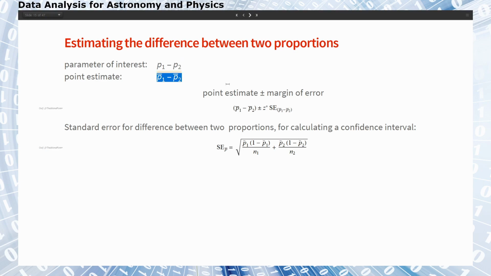Our point estimate is the difference between the P bar values. So this gives us the following confidence interval. The standard error computes from the squared summation of the standard errors of the individual proportions and then taking the square root.